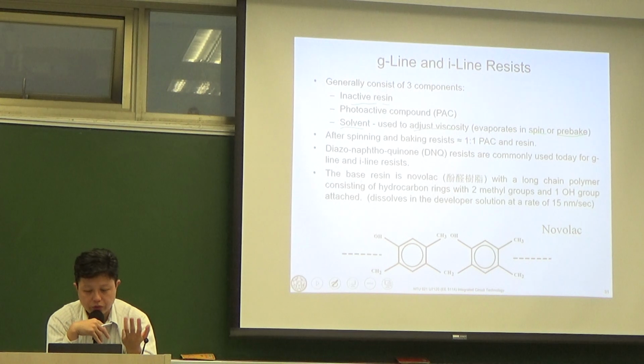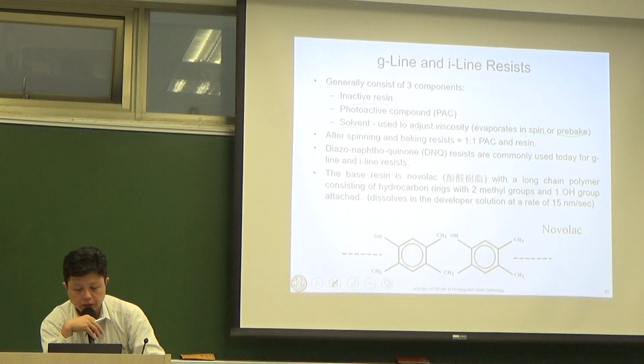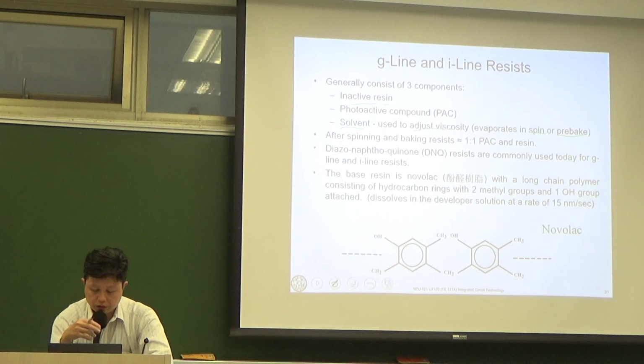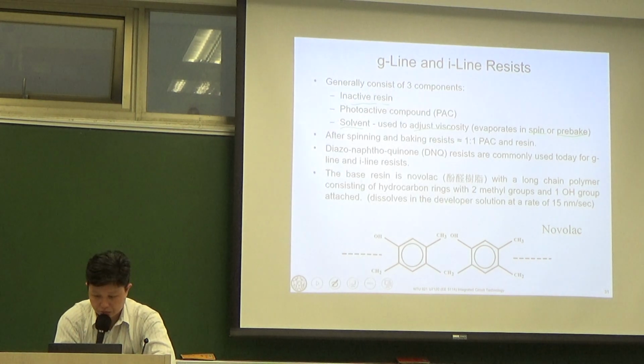So basically we have these three parts in your resist. After spin and pre-bake, we drive out the solvent. We have PAC, this photoactive compound, and the basic component at about a 1-to-1 ratio.